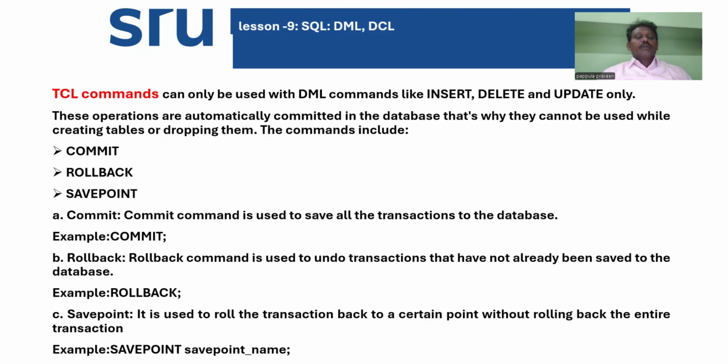And next, rollback from the save point. The third one is the save point. It is used to roll the transaction back to a certain point without rolling back the entire transaction. We create a save point with a save point name, say SRU. The save point SRU holds the previous transaction details, all saved into the save point.